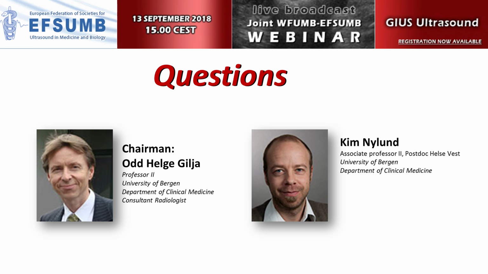Yeah, and there is one question from the audience here. How many GI ultrasounds are needed to be performed for one to be considered competent? Do you have any ideas of that, Dr. Nylund? I guess you have the 3 rule in your EFSUMB guidelines. So you should look at 3 and then perform 30 under direct guidance, and then 300 under access to guidance, and then 3,000 you're an expert.